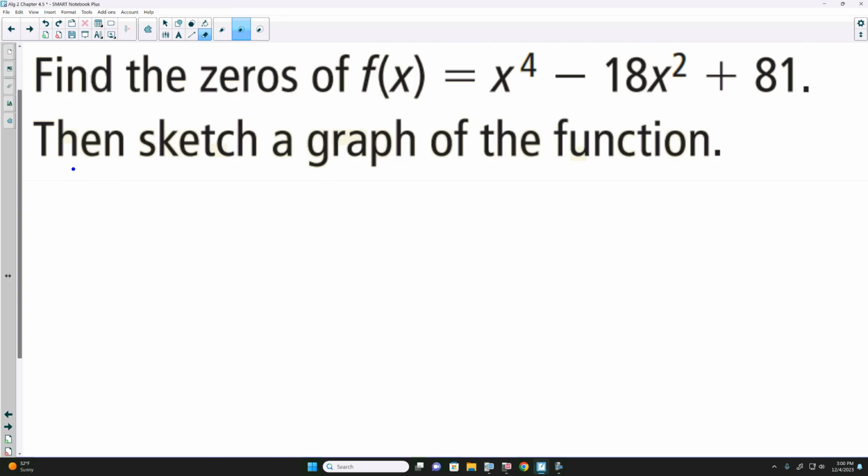So x is equal to negative 3. And we also have that x is equal to 3. Now, as we saw with the last one, there's a good chance that negative 3 and 3 might repeat because it touched the x-axis but did not cross it.